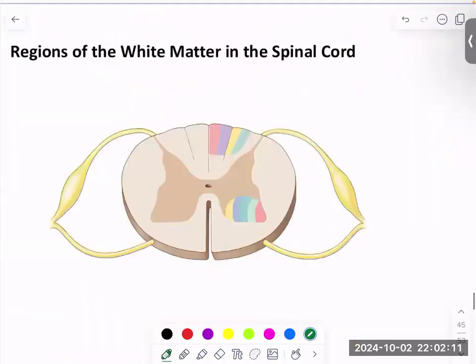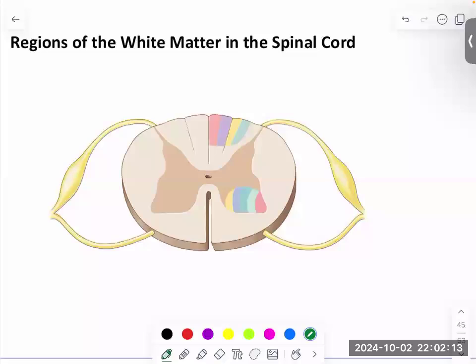Regions of the white matter. I need you to understand that the white matter is going to get information from sensory and it's going to send it up to the brain. That's what's happening at the white matter. It'll send it to the brain. The brain will send motor information down to get recruited at the spinal cord.